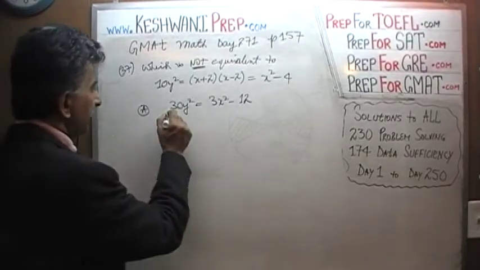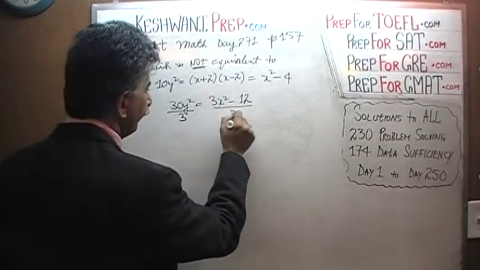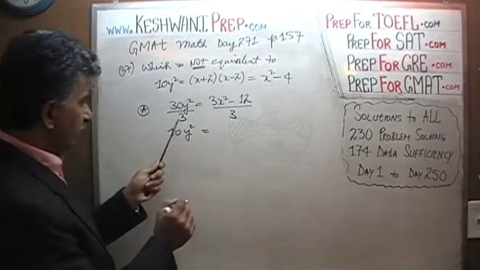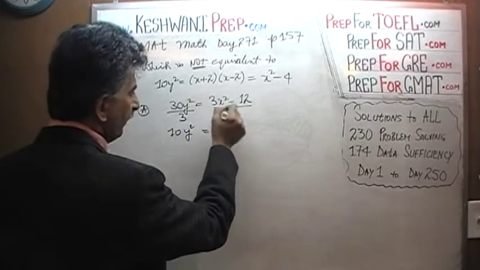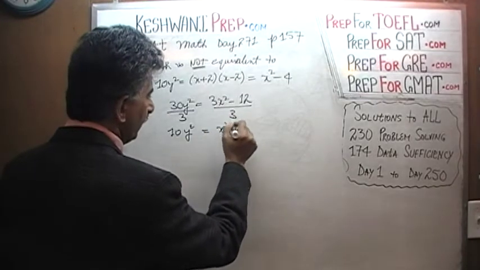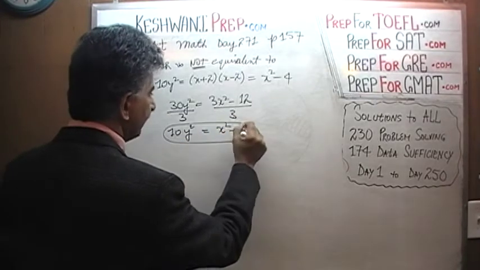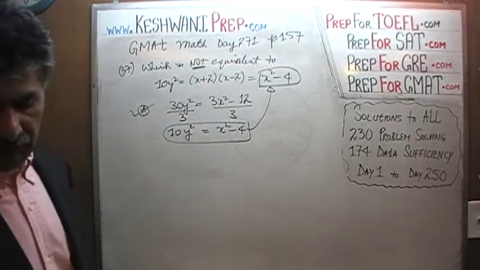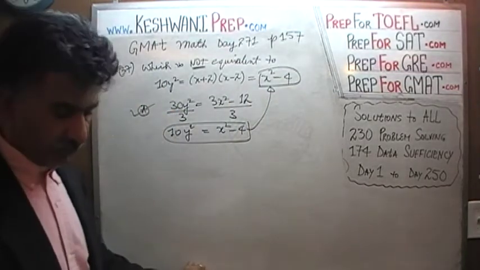Let's divide the entire equation by 3. If we do that, we end up with 10y squared, because 30 divided by 3 is 10, and then 3 is going to cancel out. We end up with x squared, and 12 divided by 3 is 4. We end up with the exact same thing as it is given here. So A is fine. A is the same equation, just written in a different form.